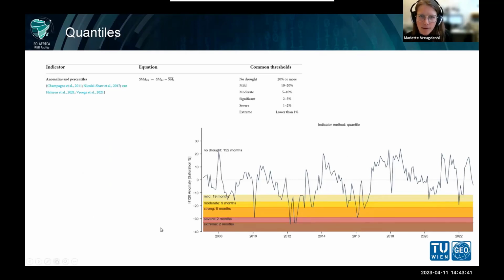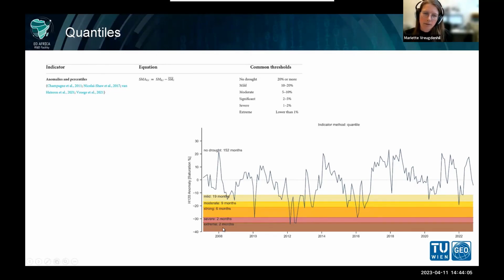If we look at variations over time, again looking at these different methods, what we're seeing here is a time series of the quantile method. You can see the quantiles and the thresholds for extreme, severe, strong, moderate, and mild drought. And you can see that extreme drought is only for 2 months of the year.